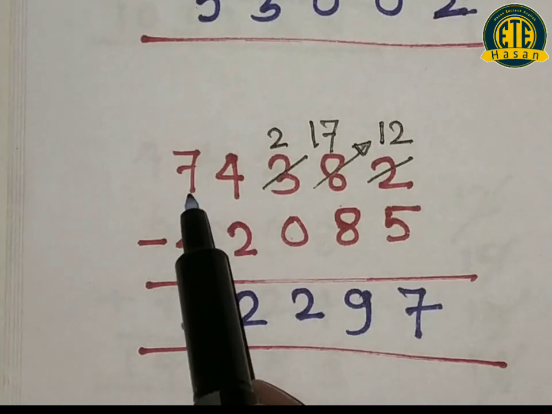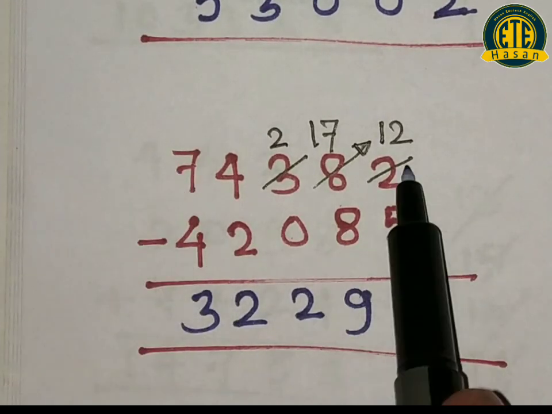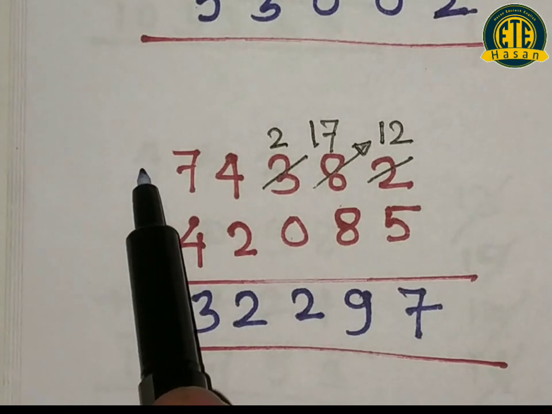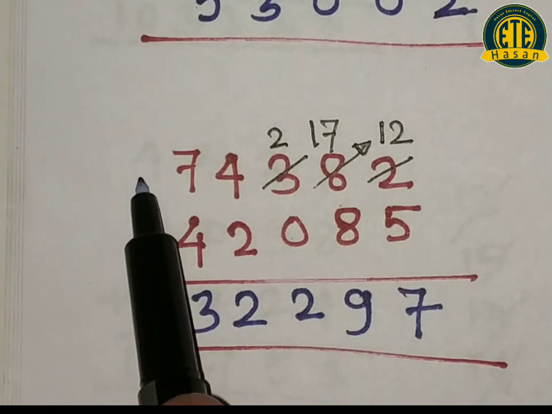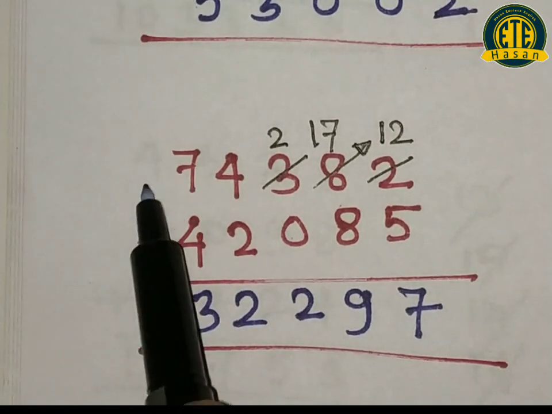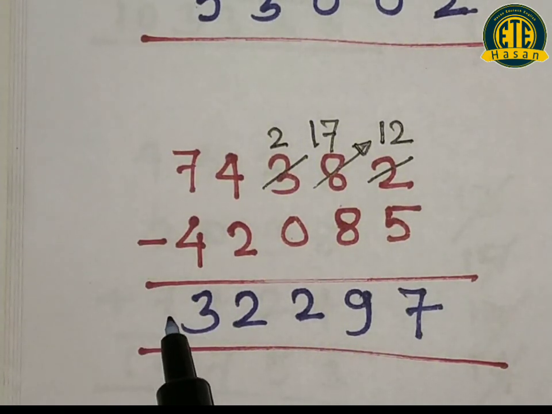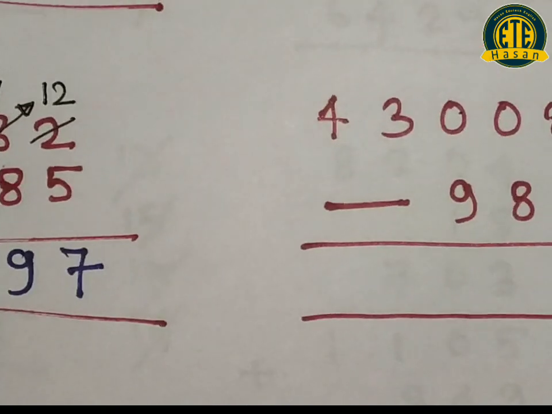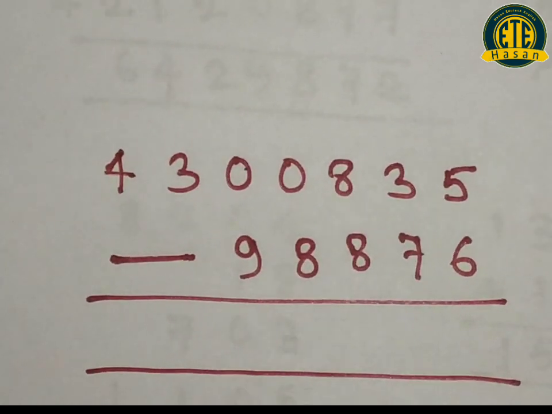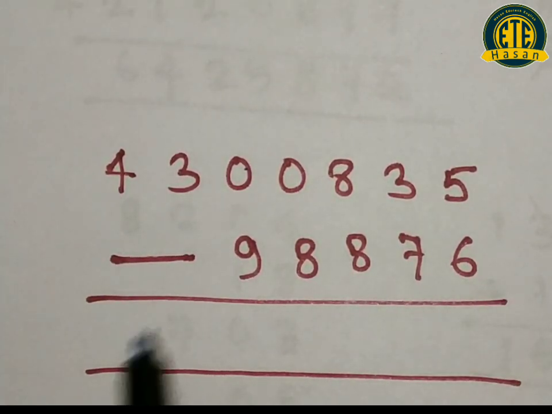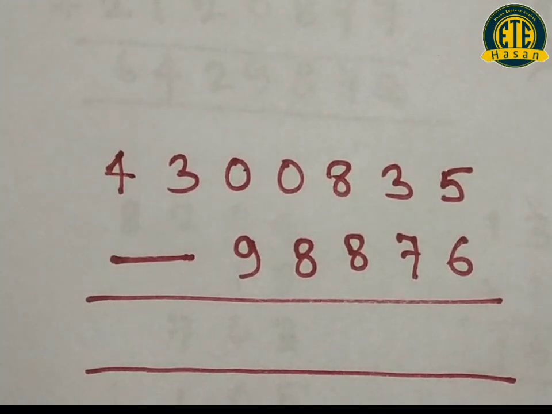Here the top number is bigger, so before the top number, which sign, plus or minus? Nothing has been written, so by default we consider plus sign. Similarly in the bottom, the minus number is smaller than the above number, so we do not have to worry about which number is bigger or smaller.